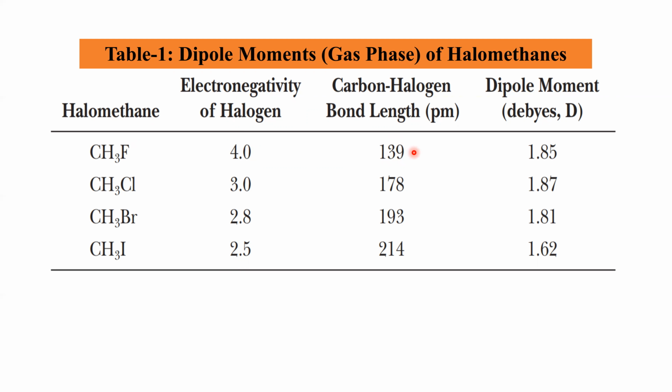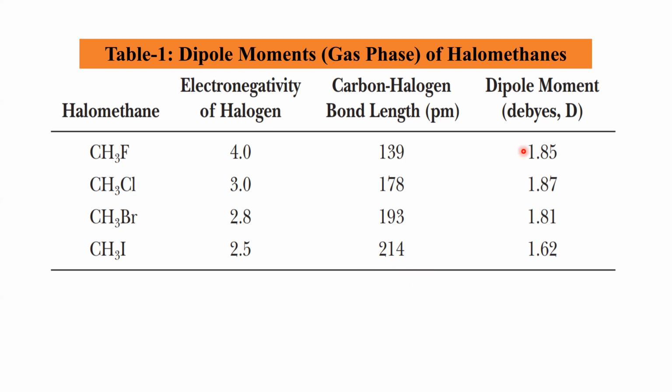But if you compare the carbon-halogen bond length, the highest bond length, the gap between the two bonded atoms, carbon and iodine, is 214, and then 193, 178, and 139. Looking at the electronegativity pattern alone, the dipole moment should straightforwardly increase in the upward direction.